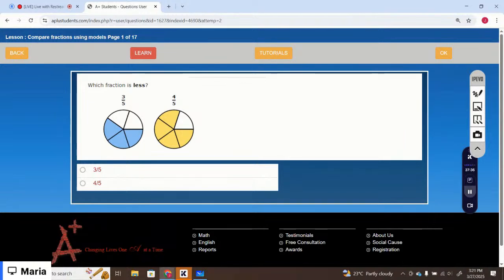Which fraction is less? 3/5 or 4/5. 3/5 is less than 4/5.